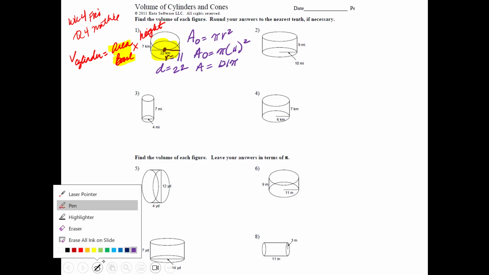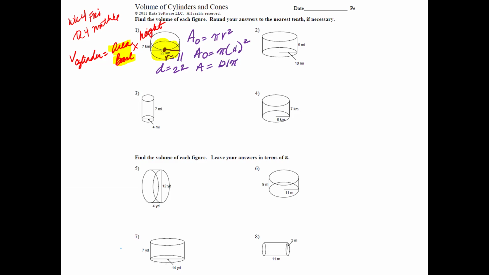What's your height of the cylinder? 121. What's your height of the cylinder? 7. So then your volume is going to be 121 pi times 7. So grab your calculator.